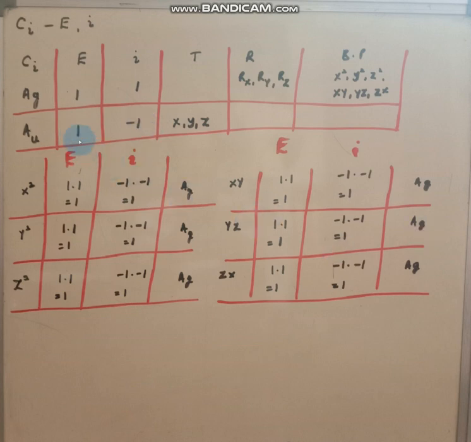Finally, if you come to zx or xz, x and z correspond to the same symmetry, the same characters 1 and minus 1, that is 1 into 1, minus 1 into minus 1, it corresponds to Ag binary products. Finally it is tabulated in terms of binary products, that is BP.